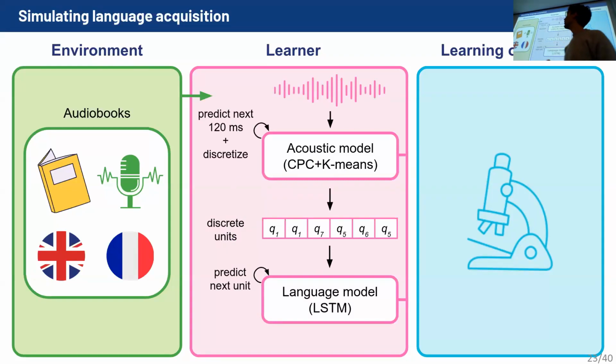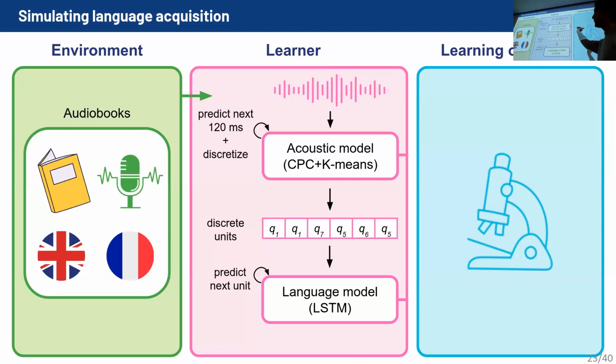For the learner, we use a self-supervised algorithm that works from the raw speech. Briefly, it is made of an acoustic model, so it's like a contrastive predictive coding model plus k-means. The acoustic model is trying to predict the near future and maps the continuous speech to a discrete representation of it.